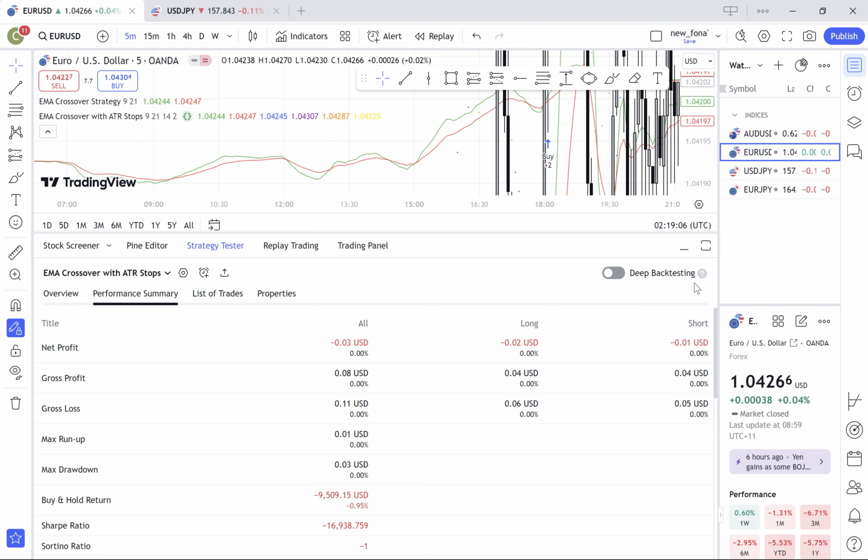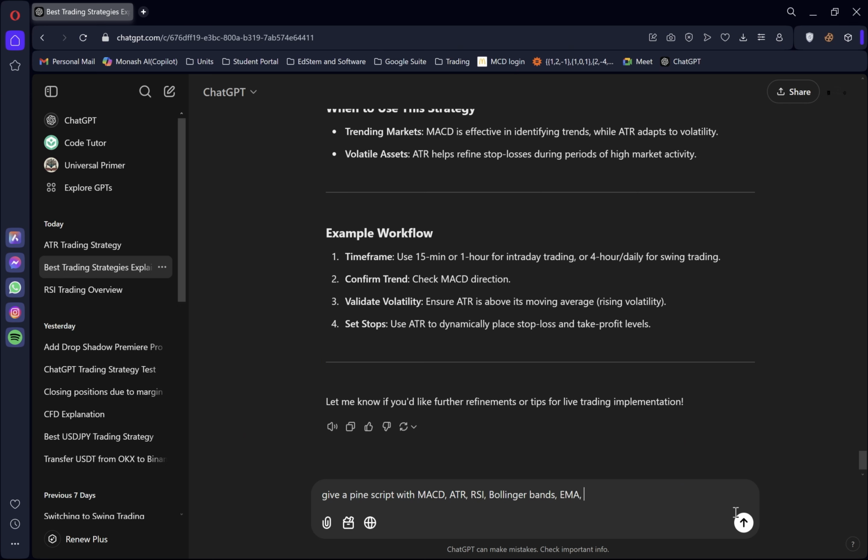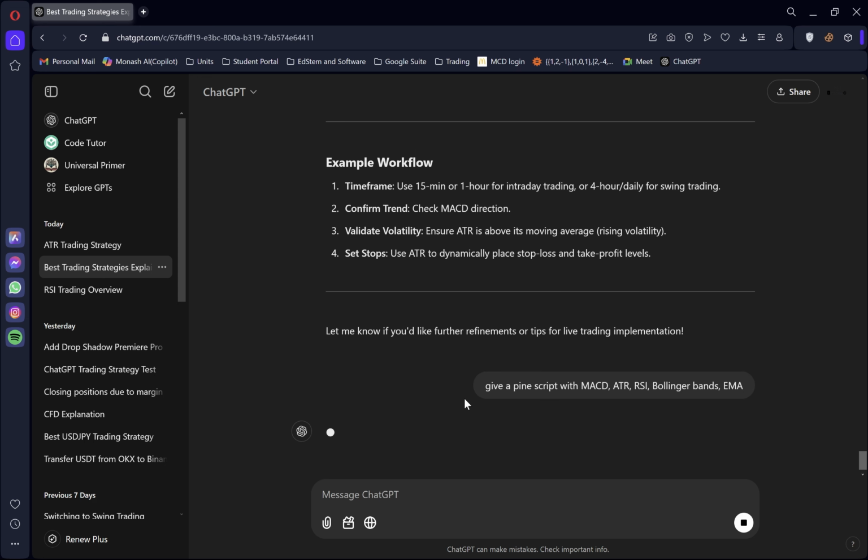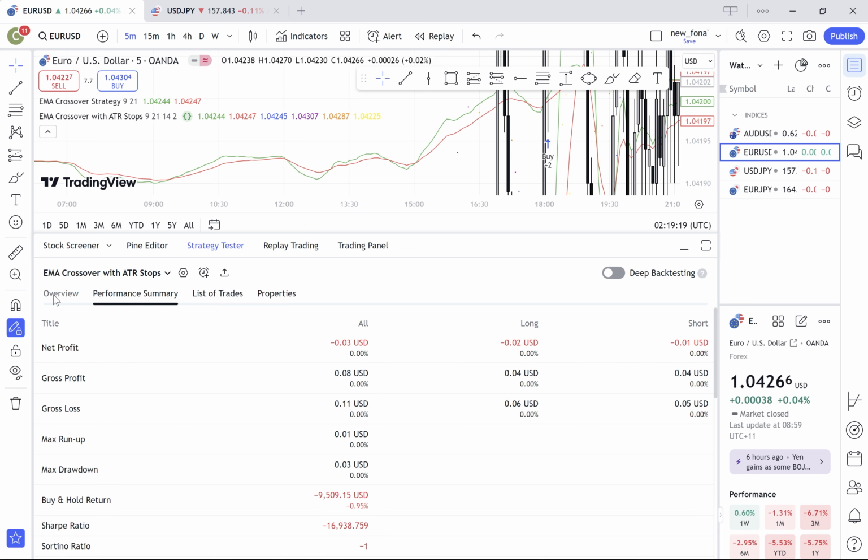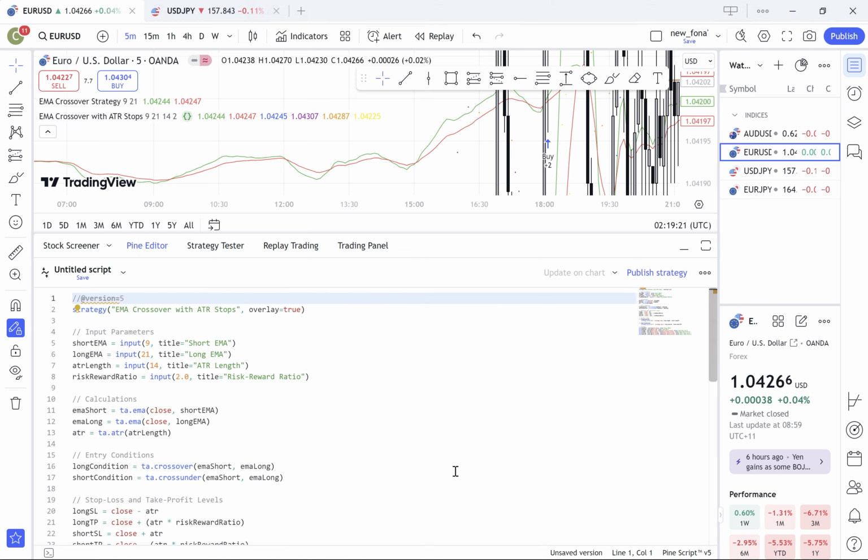EMA, and right, let's see what it does to the strategy tester, the Pine editor.